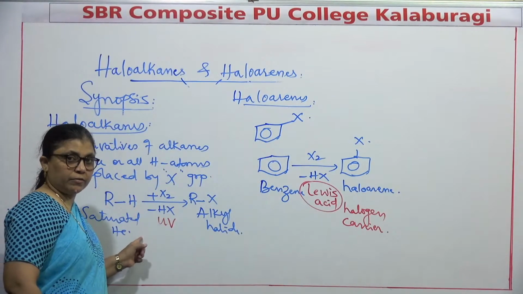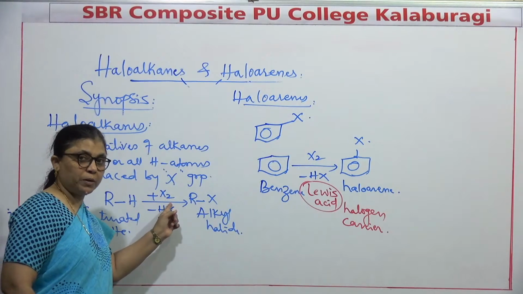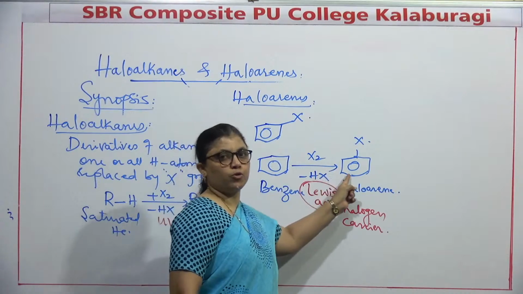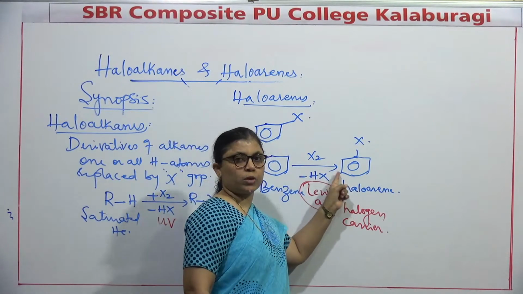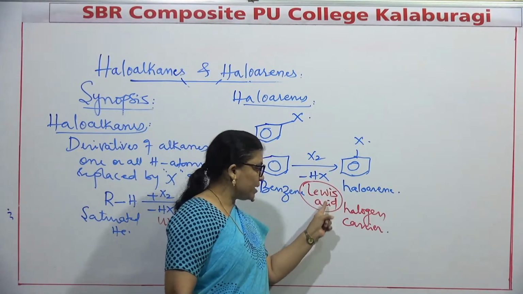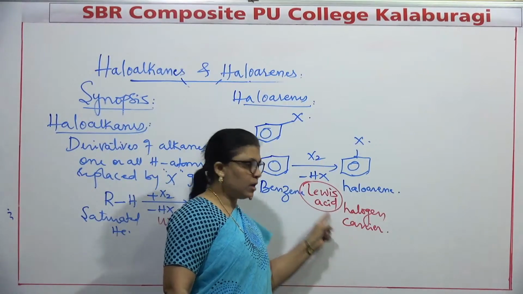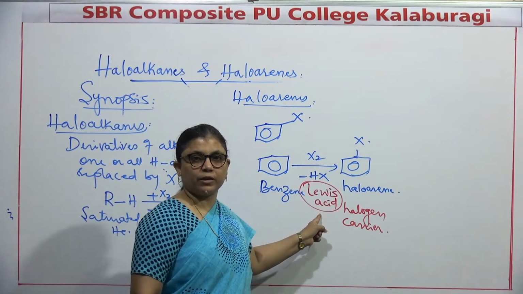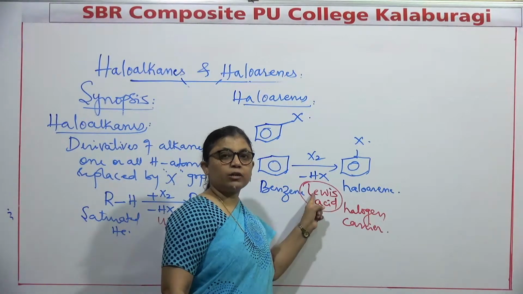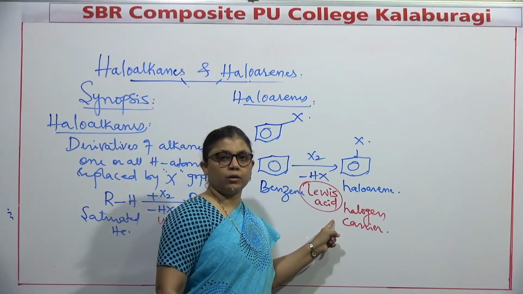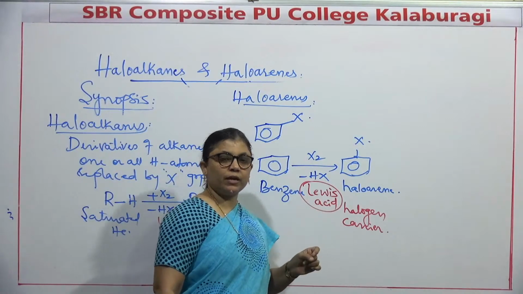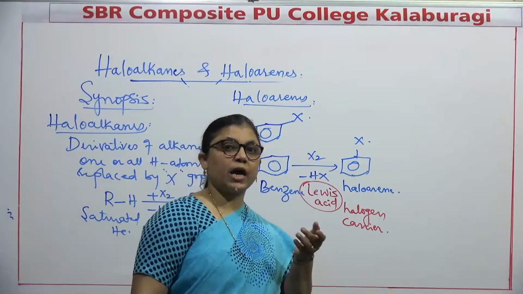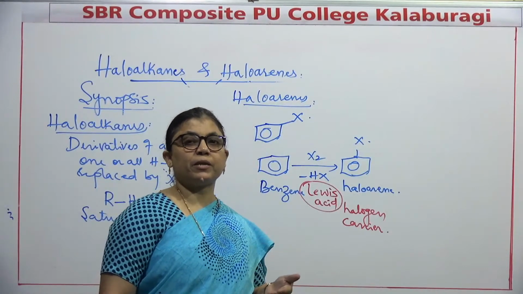Here in this case, substitution takes place where H is replaced by X. This is also a substitution. But this substitution takes place in presence of halogen carrier or Lewis acid. These are called what? Electrophilic substitution reactions. Have you remembered, children, what Lewis acids are? Lewis acids are those which have the capacity to accept electrons.